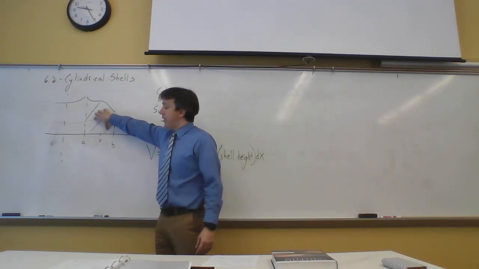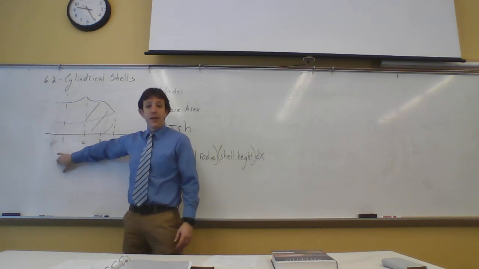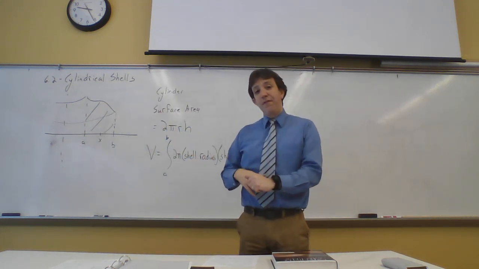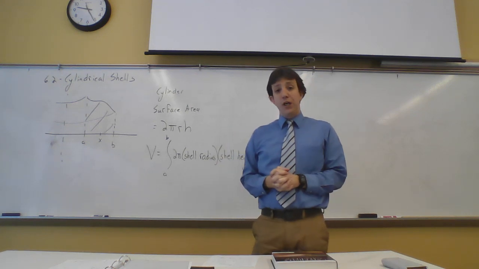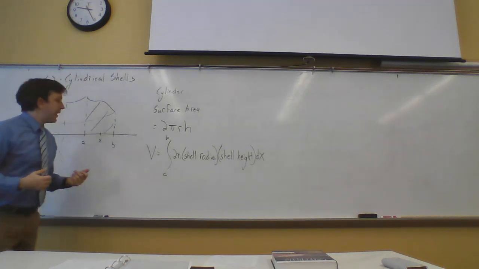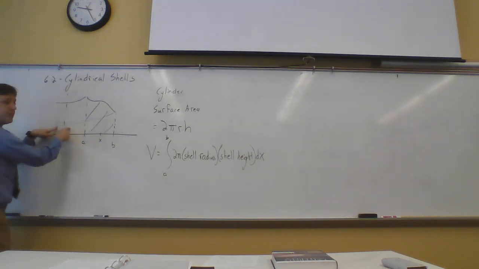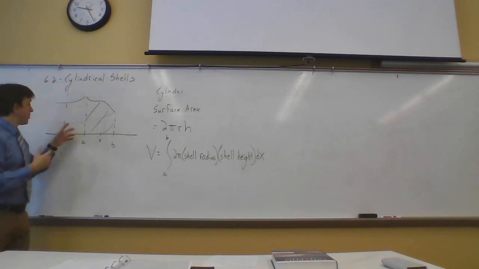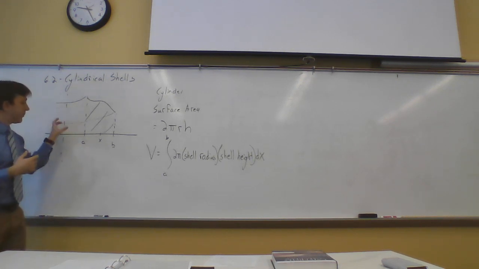We have a region, and it's being rotated. And maybe, for some reason, this is a region that wouldn't work very well with discs or washers. So, for instance, in the case of this region that I have here, if I try to do discs or washers, these would need to be horizontal washers, because there is a hole in the middle.